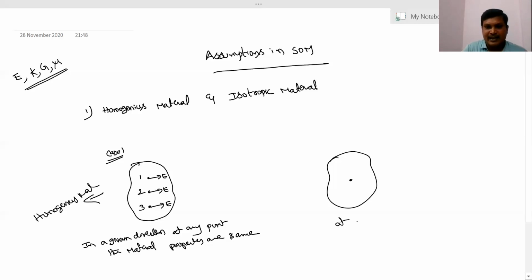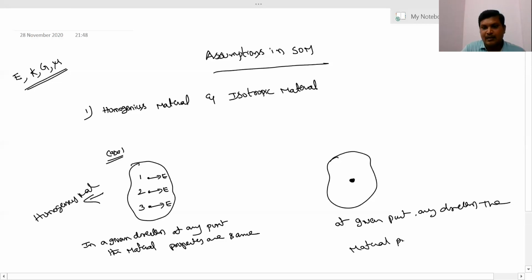Coming to isotropic: at a given point, in any direction, the material property will be the same in all directions. I'm taking point 1, a particular point.